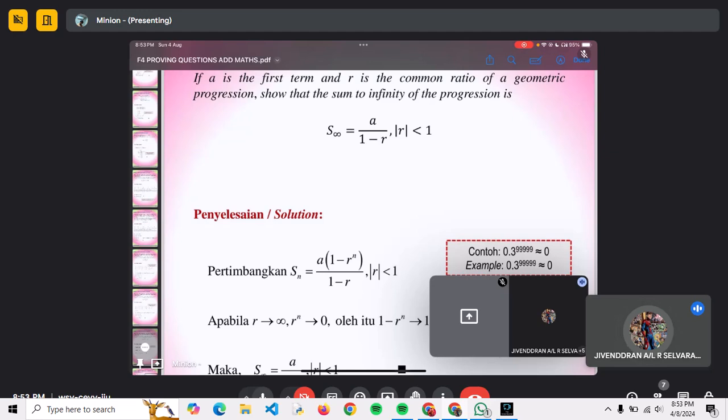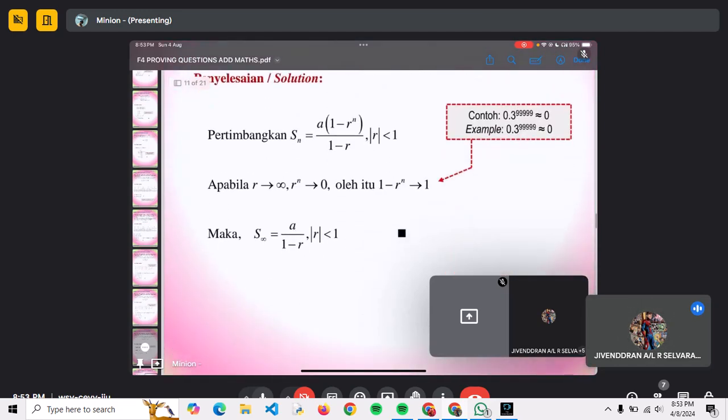Therefore, if we substitute 1 into the equation, it will be a bracket 1 over 1 minus r. So S infinity will be equal to a over 1 minus r. So that's how you get the formula. Okay, so that's all for chapter 5.